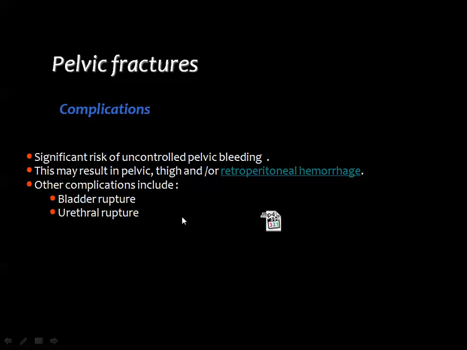Sometimes you need the blood to overcome the massive hemorrhage, and also there are many other fractures, but you should remember that bleeding is a major complication of the pelvic fractures.